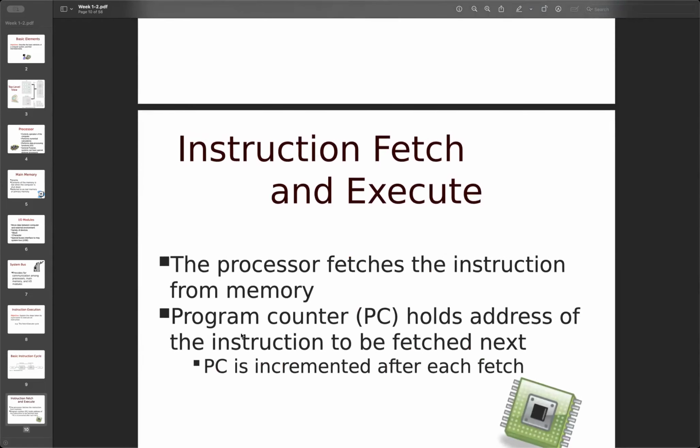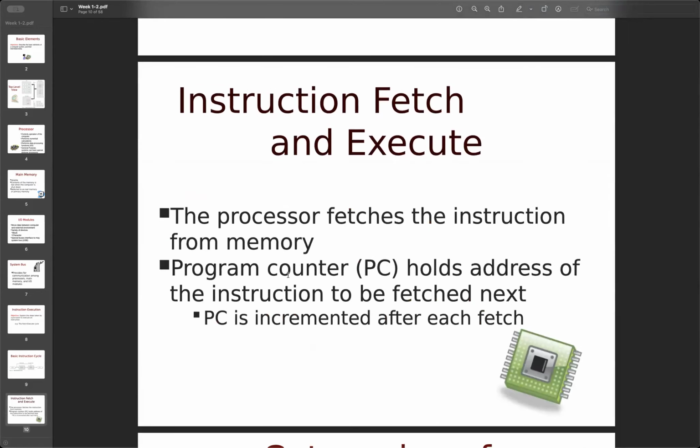So when we fetch, the first keyword that comes out is the PC, the program counter. The program counter holds the address of the instruction to be fetched next. The PC is incremented after each fetch. So you will need to know the keyword address, because the PC is keeping the address of the instruction.